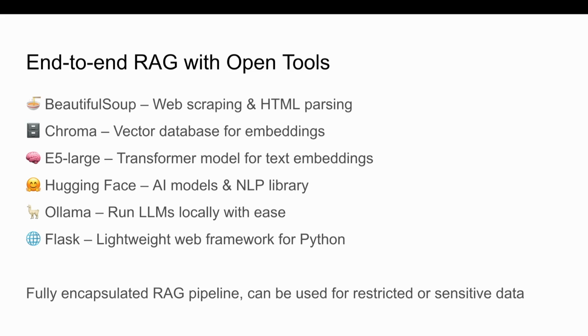So if you run an open model using something like Ollama, you can download transformer models for the embedding. Everything is stored locally.